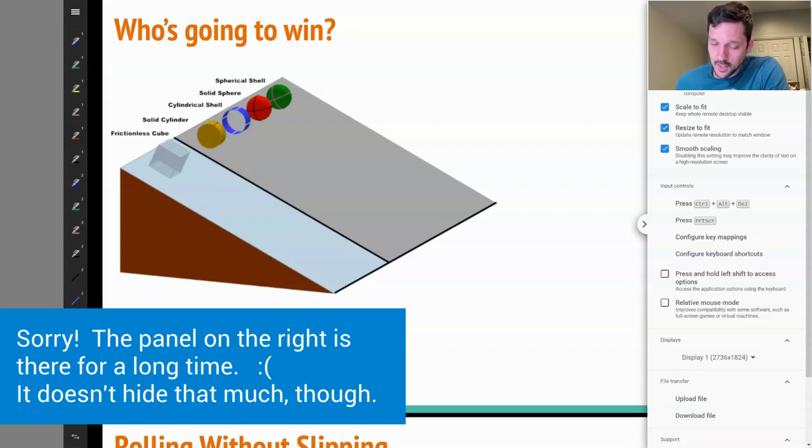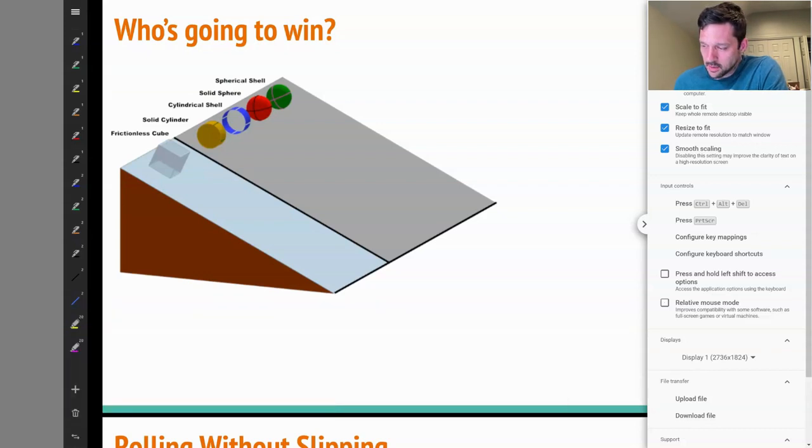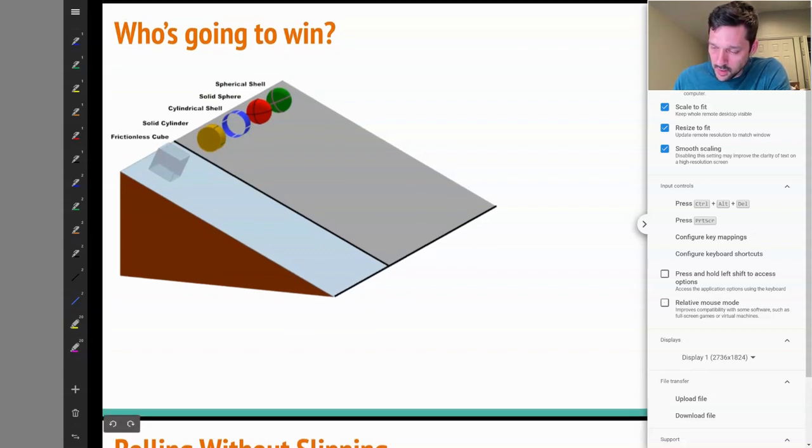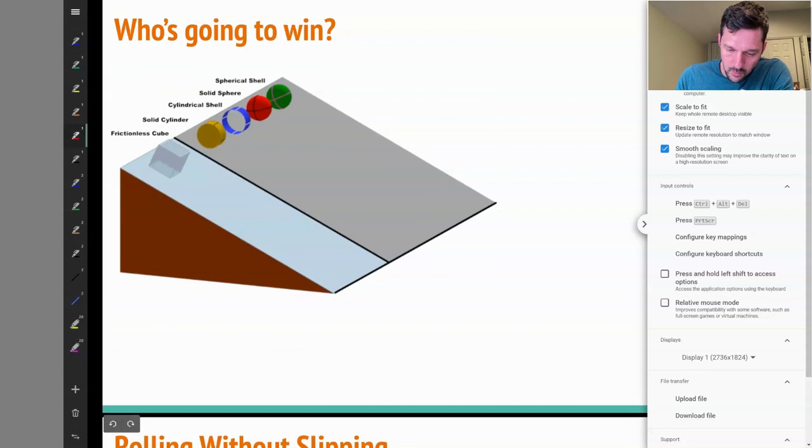Hello, friends. We're going to talk about rolling without slipping and kinetic rotational energy in general. We have already identified, obviously, kinetic energy in a straight line is 1/2 mv squared.